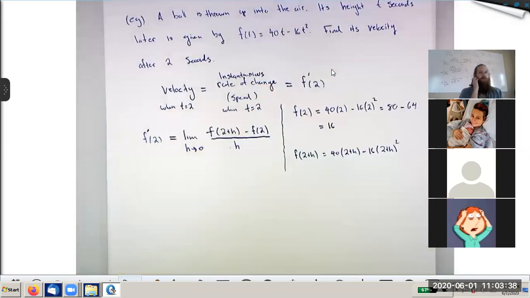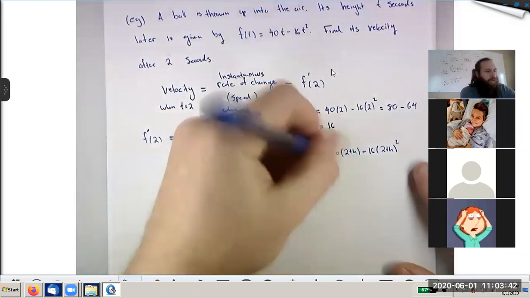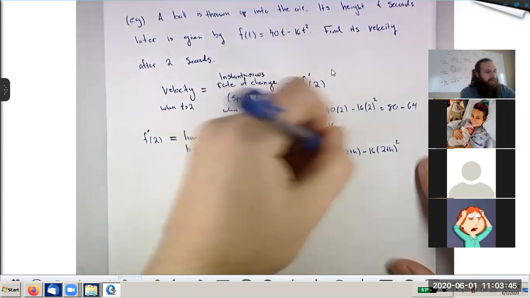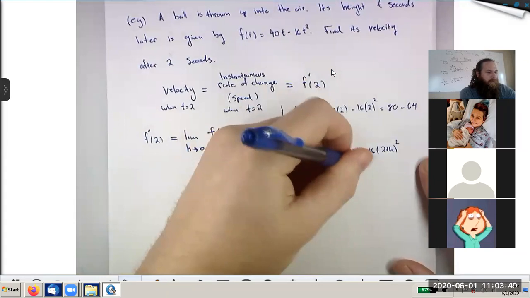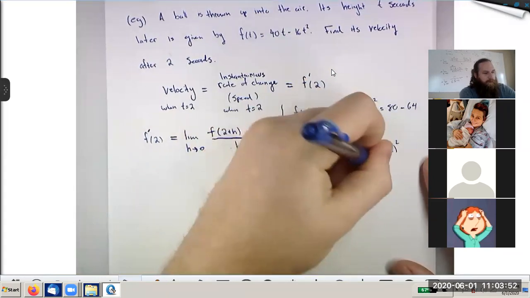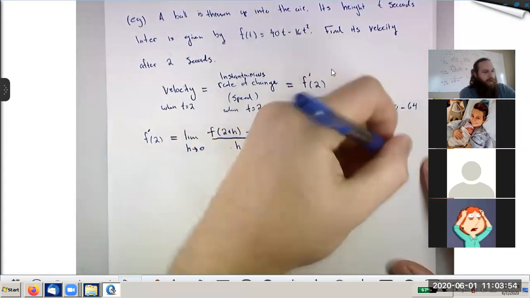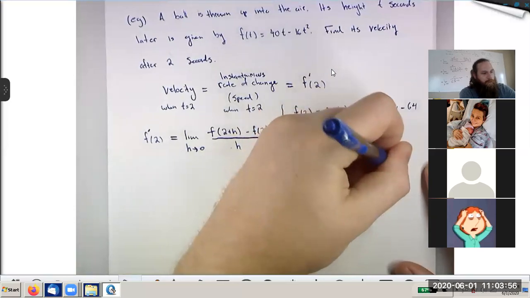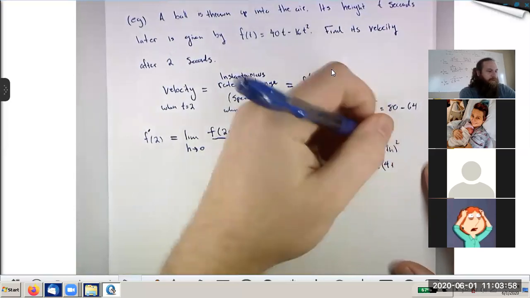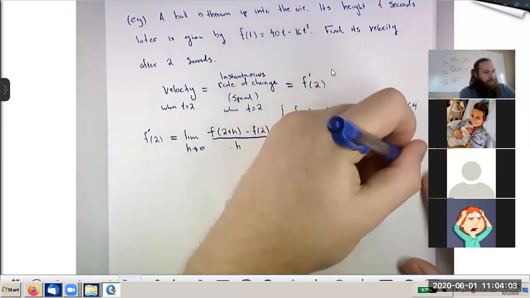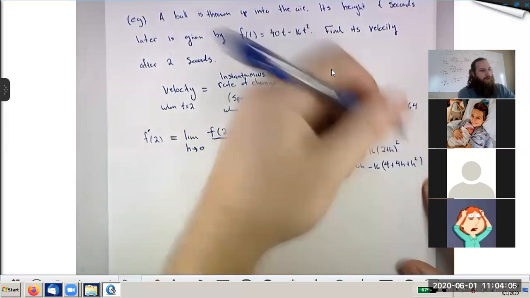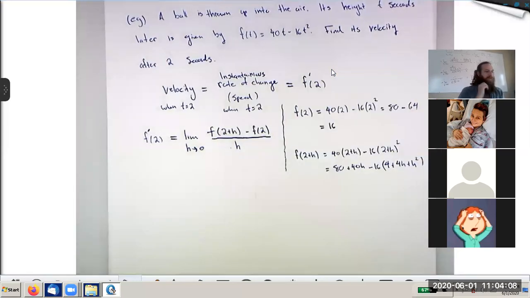And there's not much I can do with that, so I'll leave it as it is for now. I'll have to simplify over here. Maybe we'll distribute what we can and clean it up a bit. So that's 80 plus 40h minus 16 times 2 plus h all squared, which is 4 plus 2 times 2 is 4h plus h squared. There is maybe one more thing I could combine here.